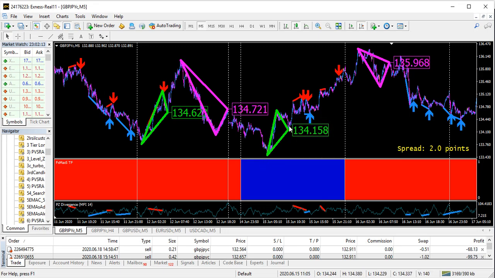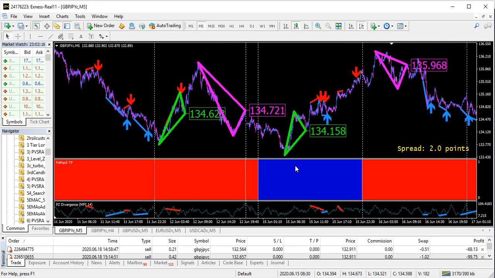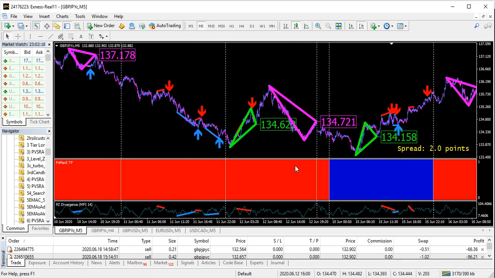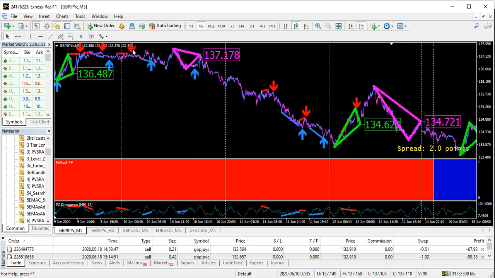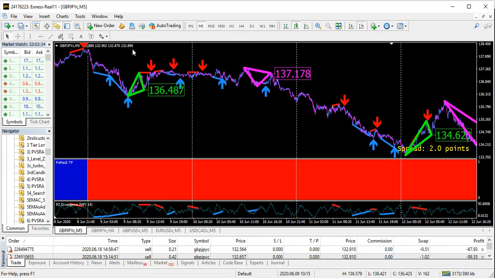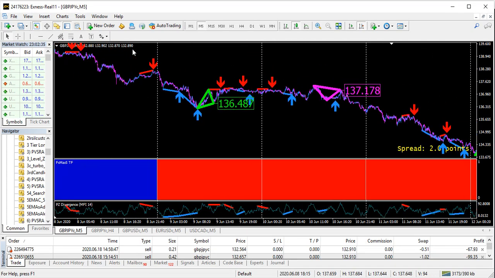has been confirmed. Okay, a sell, these are sell region. You need a magenta triangle to confirm the sell. So you need to wait for the magenta triangle to confirm the sell.